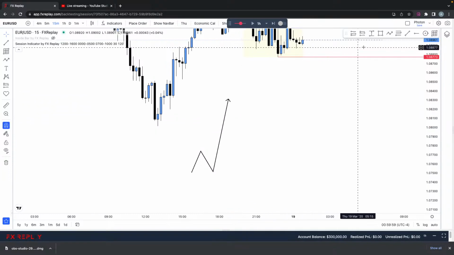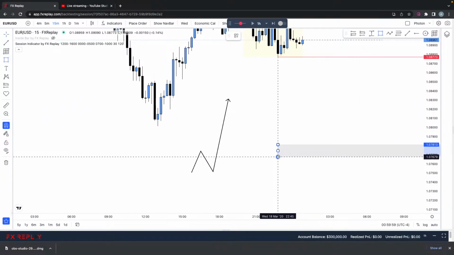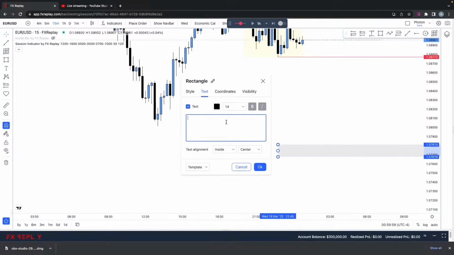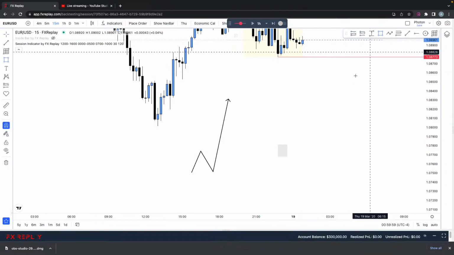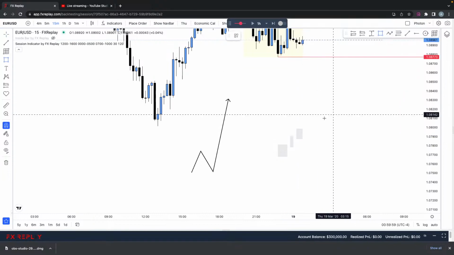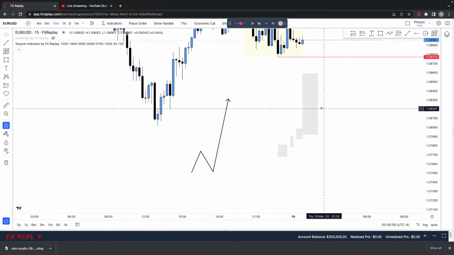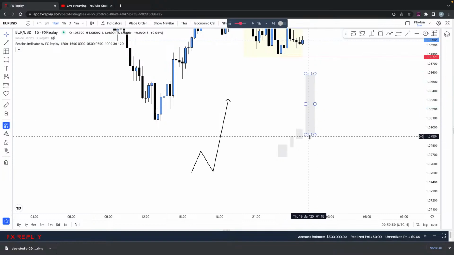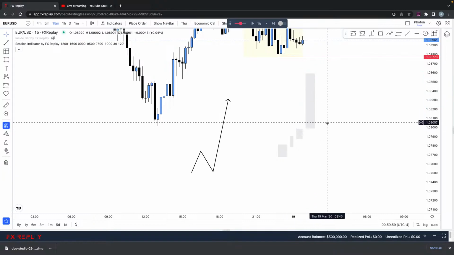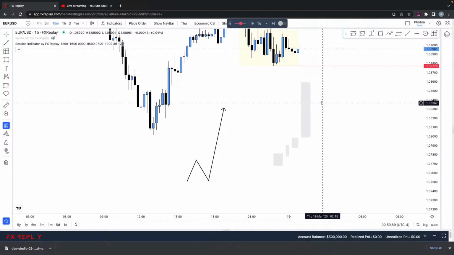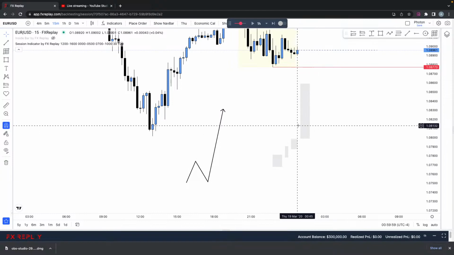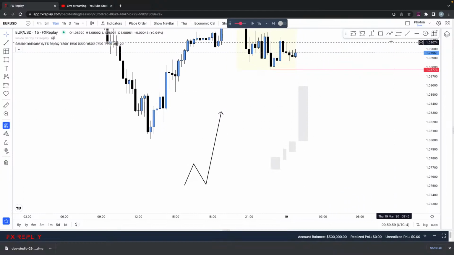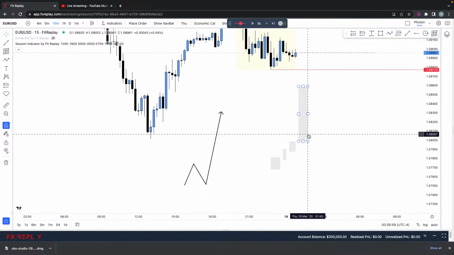So once we're constantly making highs and we get an energetic displacement, such as this, what this is showing us is that when it opened, price basically just shot up to the upside. And there was no time for sellers to even be in the market, or no time for people to buy at this level.